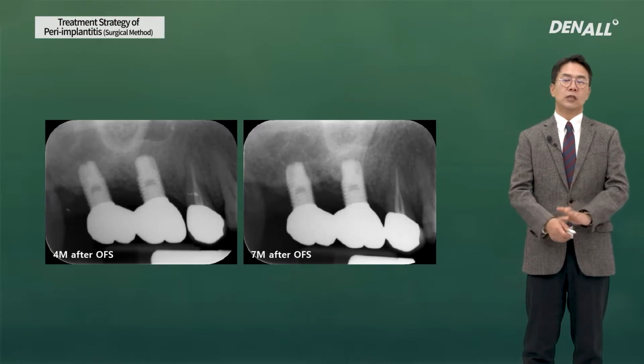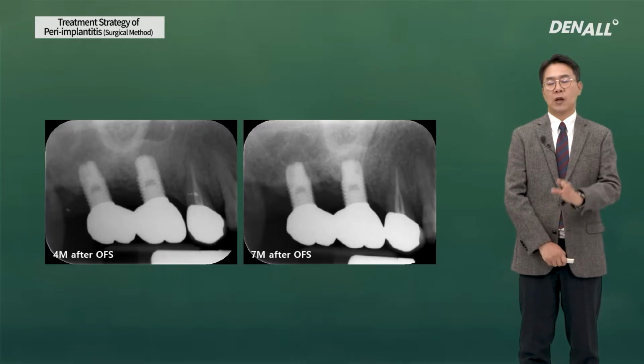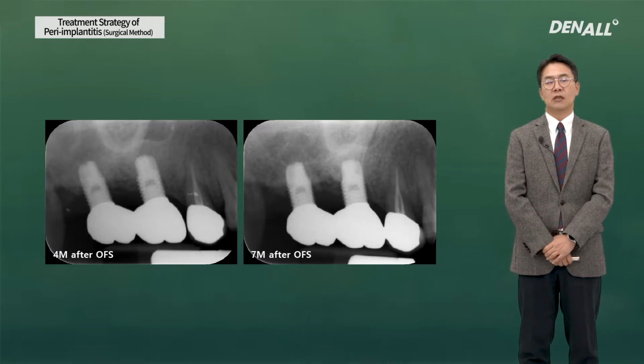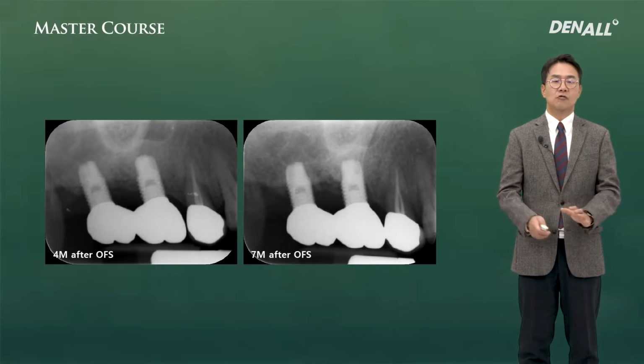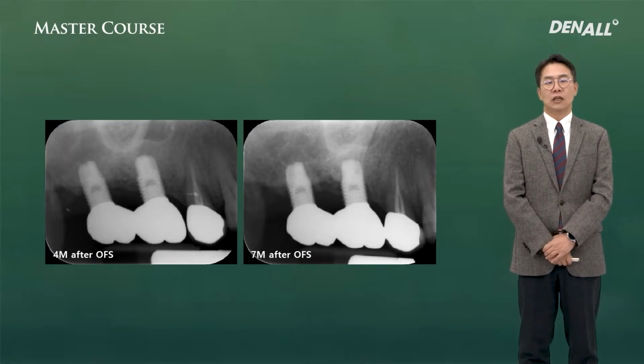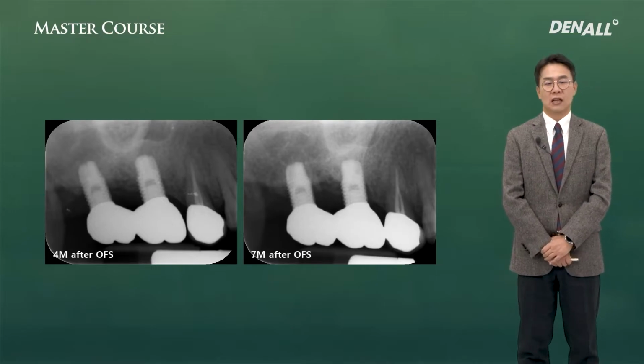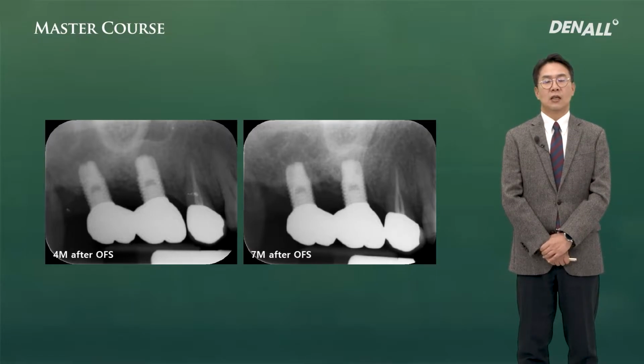I'm not following up with this patient currently. I believe how long it will be maintained will ultimately depend on how well the patient maintains oral hygiene. The patient is not participating in the maintenance and care program. I really hope that things were maintained, but I suspect that things deteriorated.